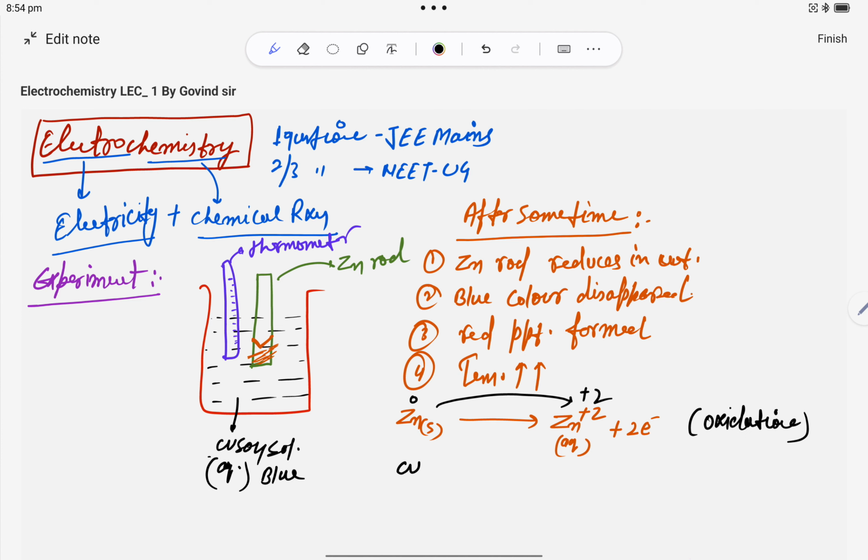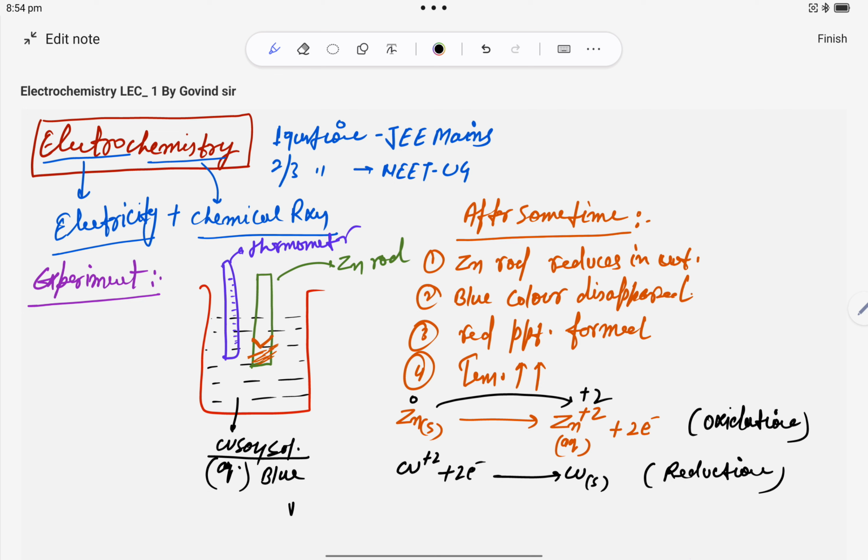What about copper? Copper solution is there, CuSO4. So Cu2+ ion accepts these 2 electrons and is converted into solid copper. Here what happened? Reduction. So in the container, oxidation and reduction happened without any external help, so it is a spontaneous reaction. Direct redox reactions happen in the same container.